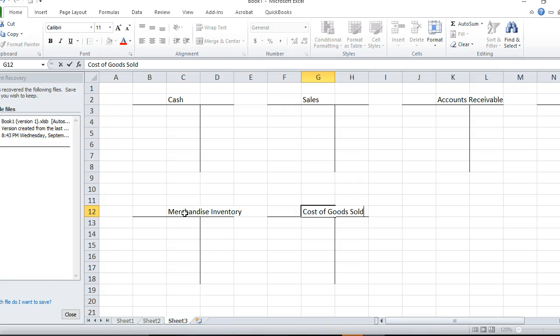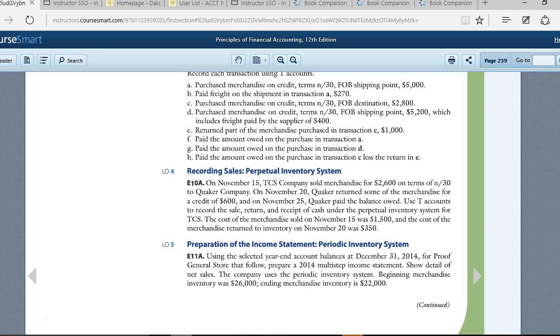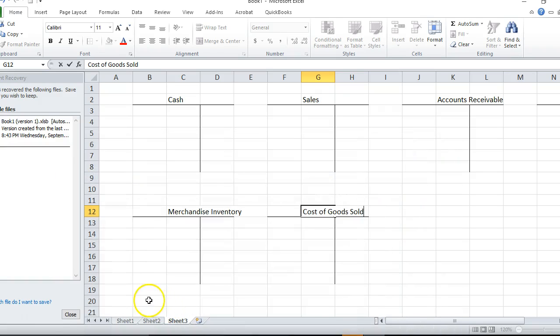I am going to create the journal entry so you see it, but our job really isn't to do a journal entry here, it's just to post it. So when it says to us, on November 15th, TCF sold merchandise for $2,600 on terms net 30 to Quaker, and the cost of it was $1,500. So I'm just going to do the journal entry so you can see it.